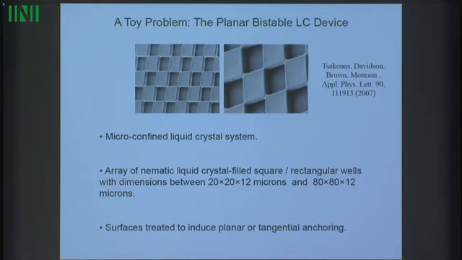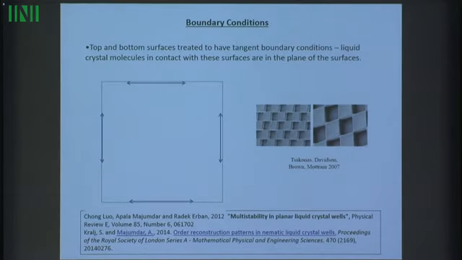And according to the experimentally reported results, these 6 surfaces are treated so as to induce either planar or tangential boundary conditions. So you could ask me, what does that actually mean? Well, you have your 3D box, which is your square or rectangular well. This box will have 4 lateral surfaces and a top and a bottom, right? There are 6 surfaces.